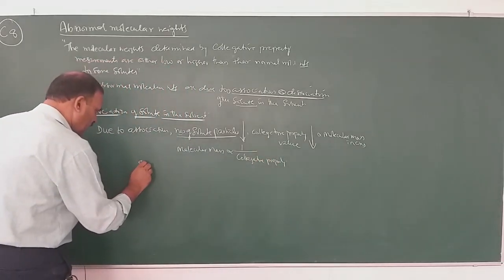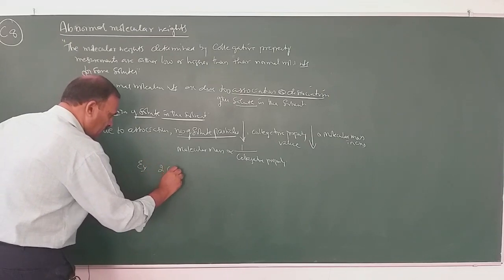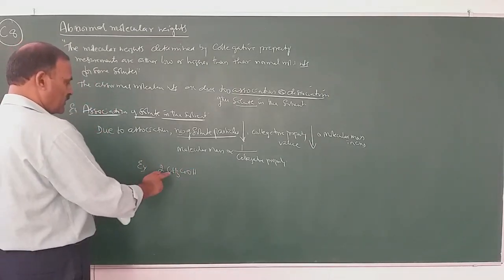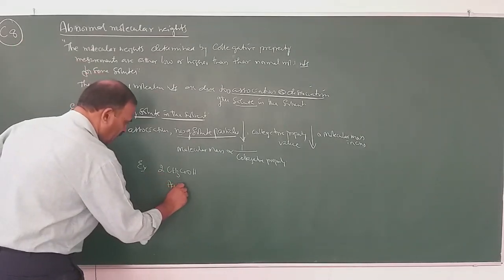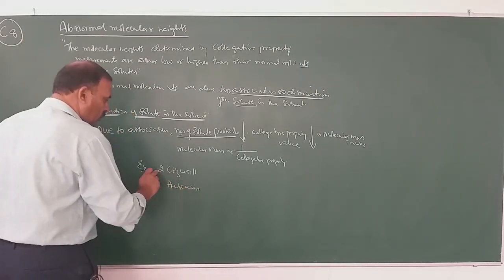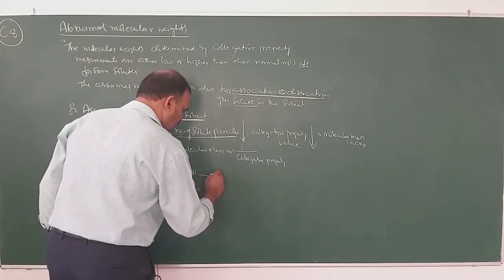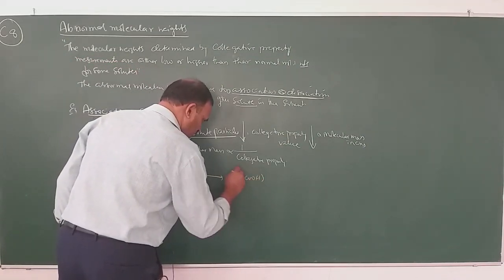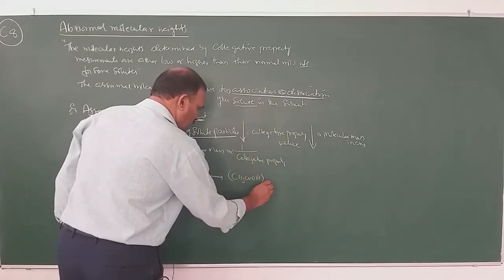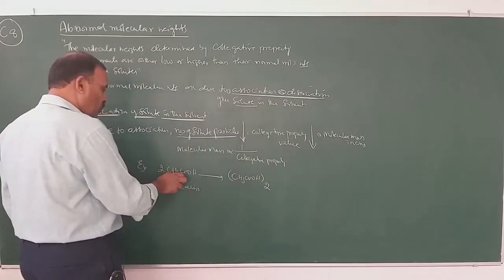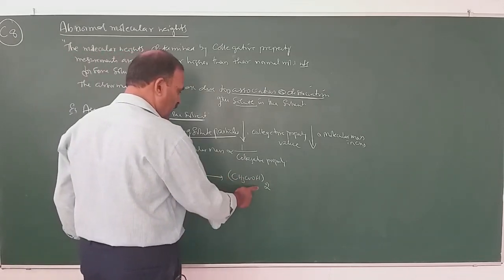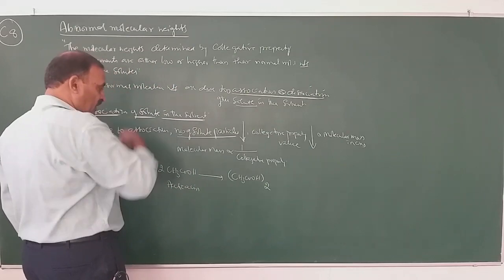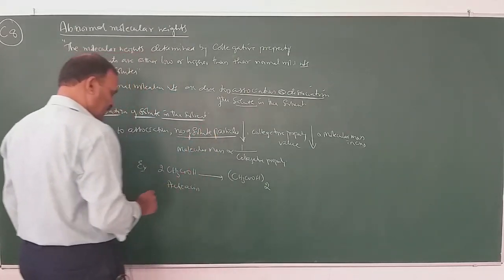For example, this is the acetic acid molecule, CH3COOH. Two molecules of acetic acid associate, CH3COOH twice. When you add two molecules, they are converted into a single big molecule due to association. Therefore, the number of molecules decreases.